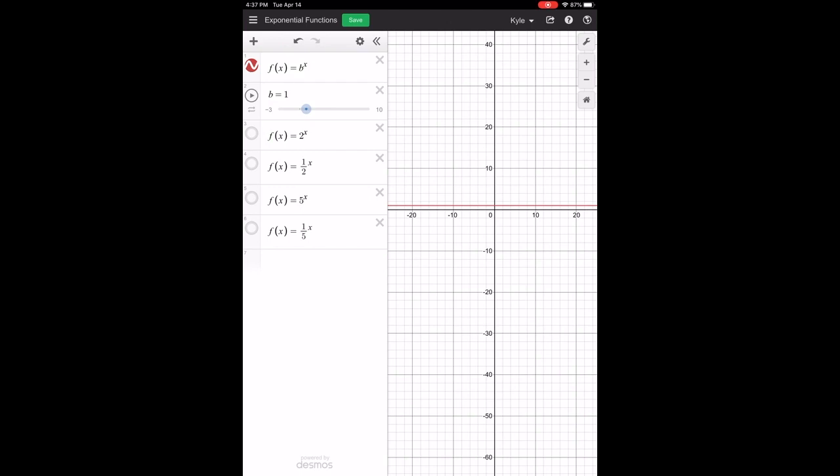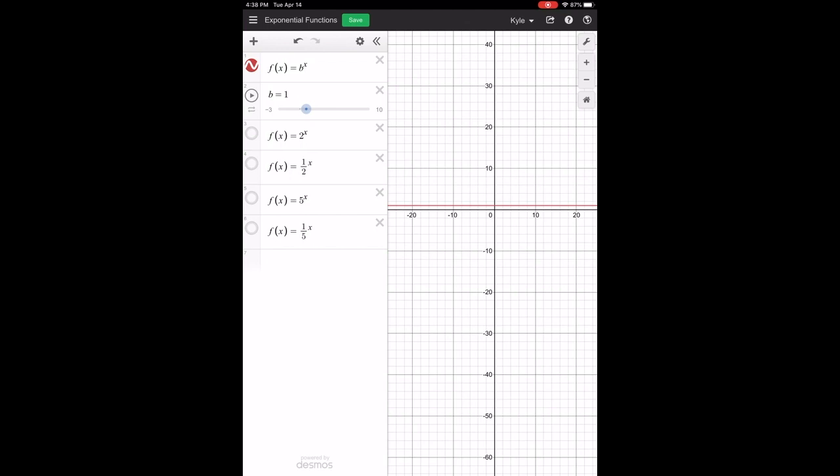What that means is I can click and drag this circle, and I can move it around, or I can slide it around to see what the graph would look like as I change b. So we start with b equal to 1. So this is 1 to the x power.